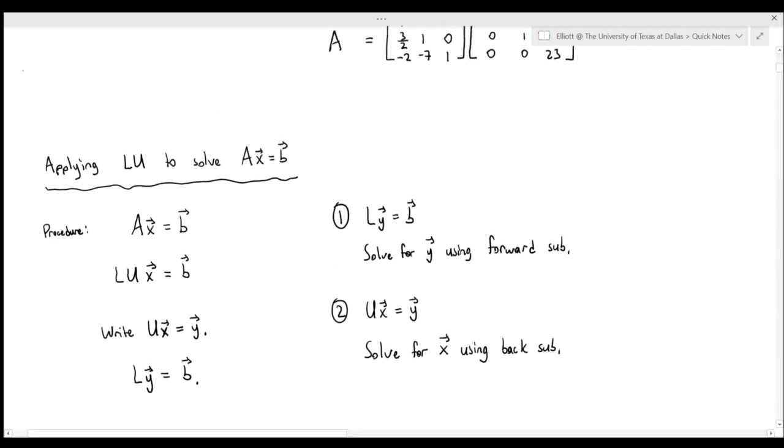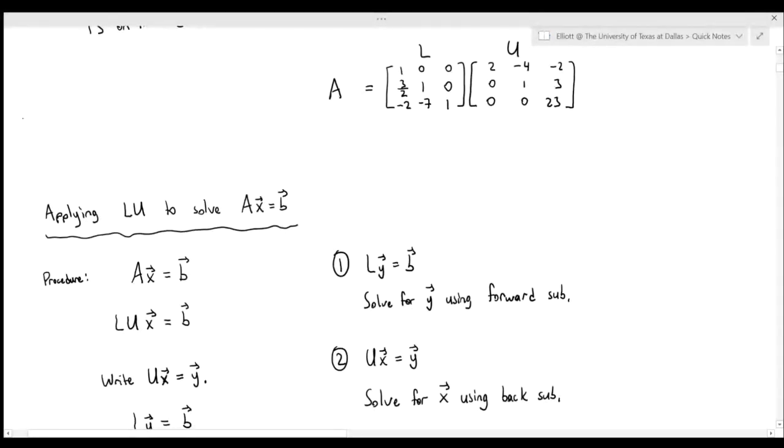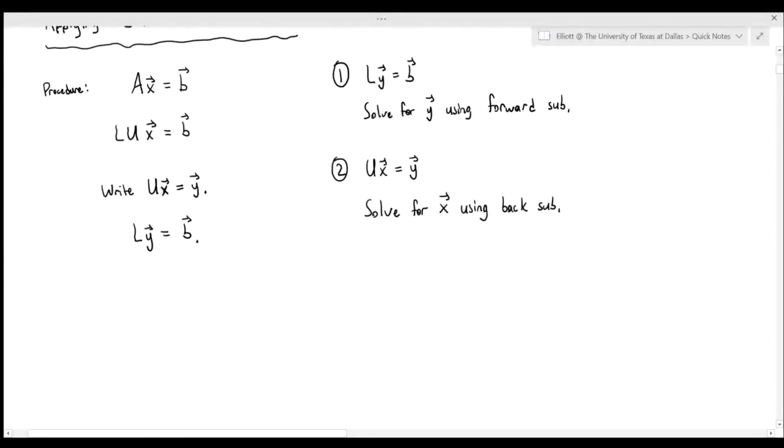So I'll illustrate this using the example that we just did. All right, so the matrix A that we had previously was this. So I'm just going to write it down for reference. So let's suppose that we have this system of equations.